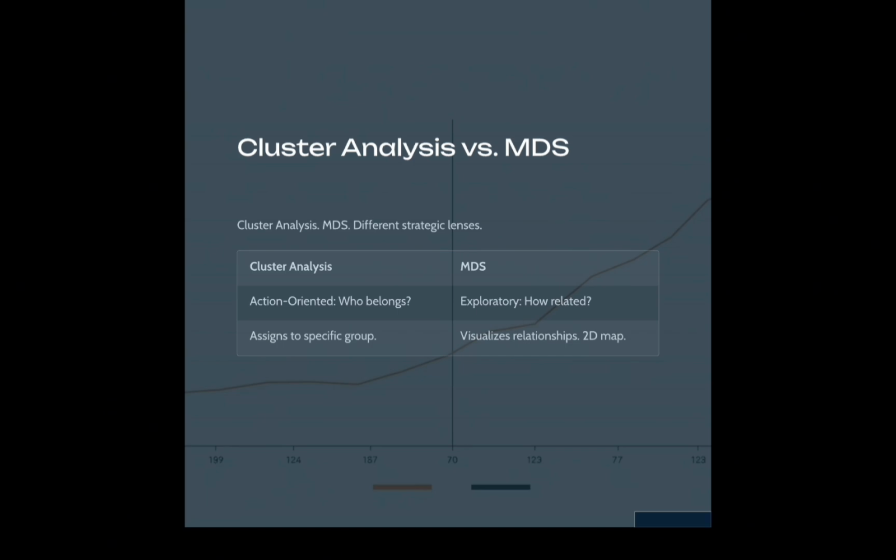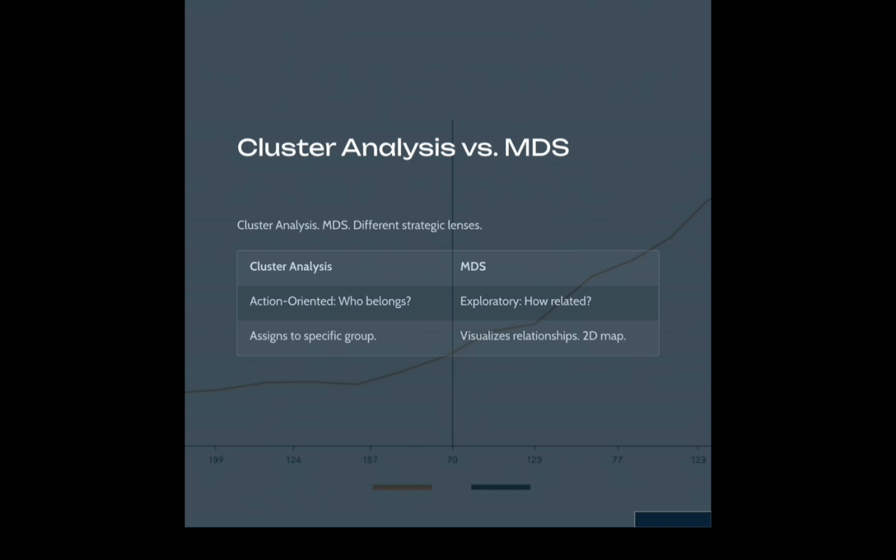Cluster analysis focuses on grouping customers, while MDS focuses on visualizing relationships among customers or brands. First, to the left, we can see that cluster analysis answers the question which customers belong together. It asks who belongs together, and it assigns each customer to a specific segment that managers can directly target with marketing actions.